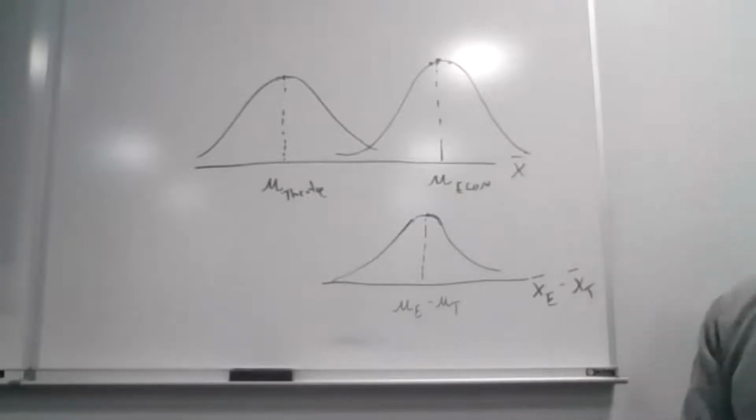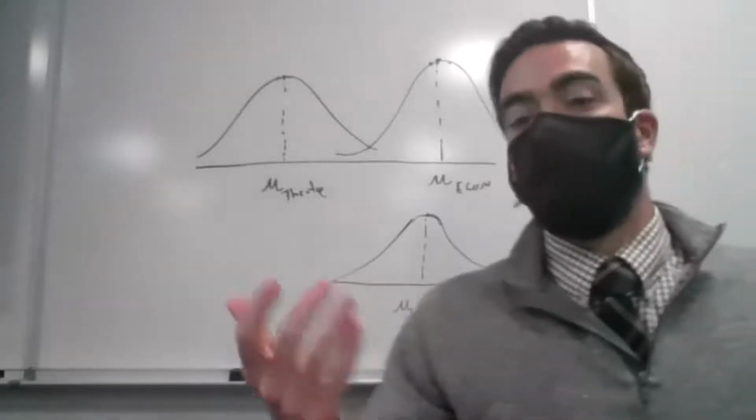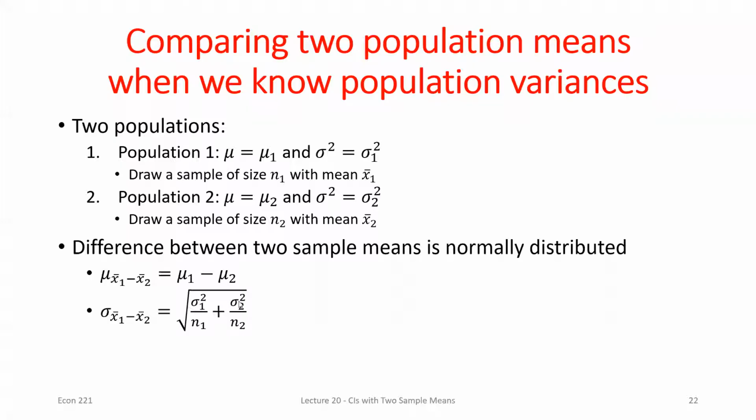So it's going to end up being true, and this isn't quite as intuitive, but you can probably think about what the standard deviation is going to be for the difference in those sample means. Well, it's just going to be: what's the variance for each sample mean, add those two variances together, take the square root to get the standard deviation.